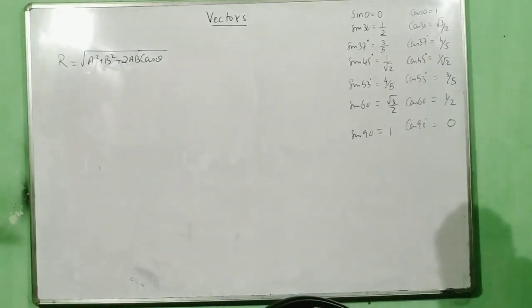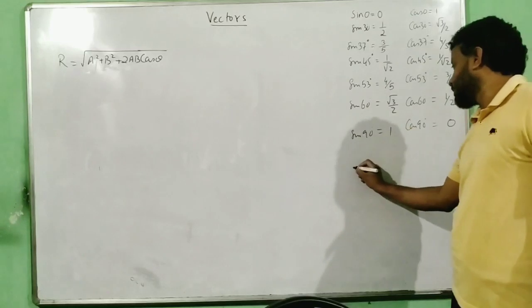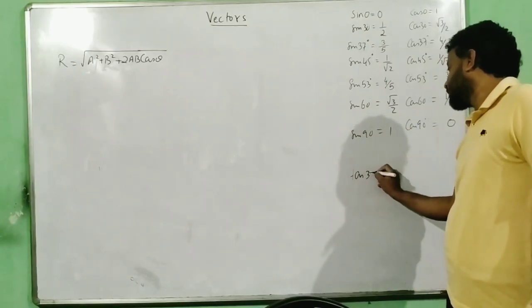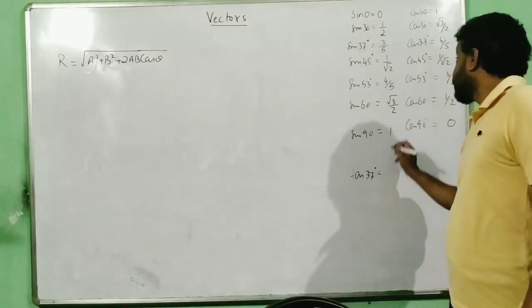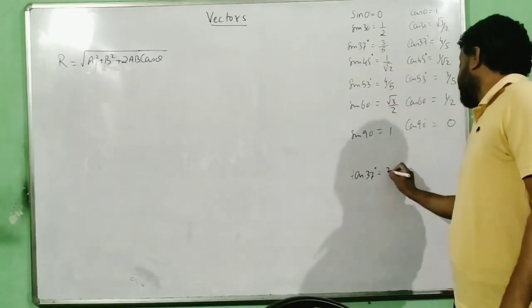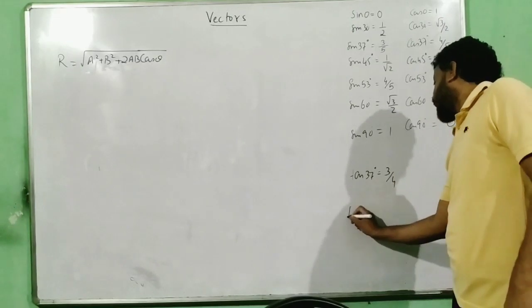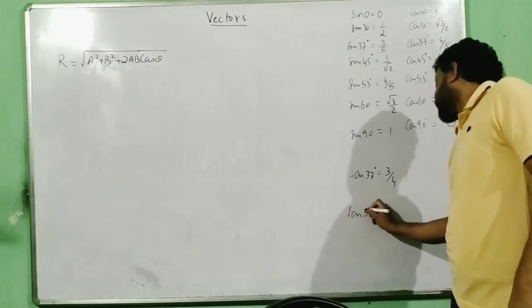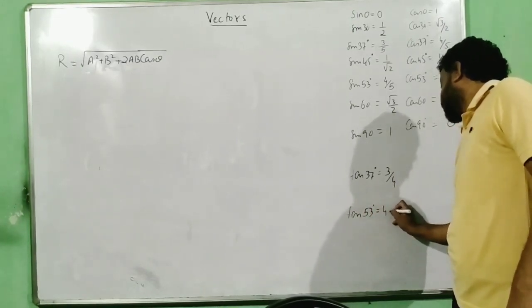And if you take this data also, tan 37 will be equal to sin 37 divided by cos 37, that is equal to 3 by 4, and tan 53 degree will be equal to 4 by 3.